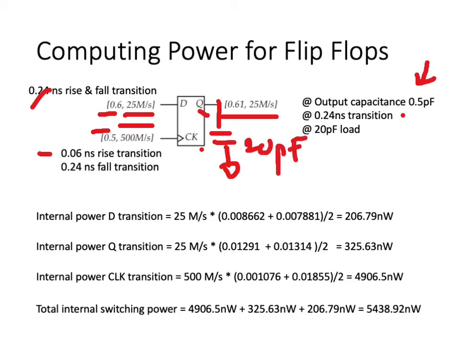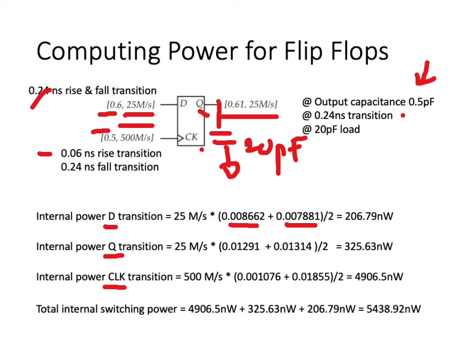The internal power consumed, that is the dynamic power associated with short circuit currents and switching activity, is simply the sum of the power incurred by transitions at the input D, transitions at the clock input, and transitions at the output Q that have arisen from transitions at the input D. Similar to the estimates for the gate, we can look up the rise and fall energies.